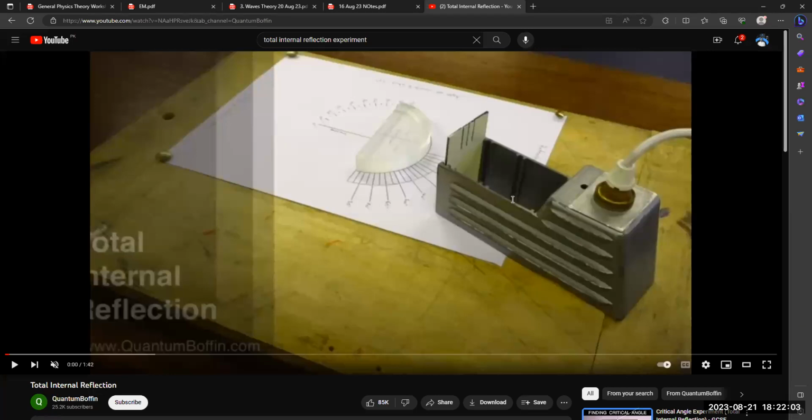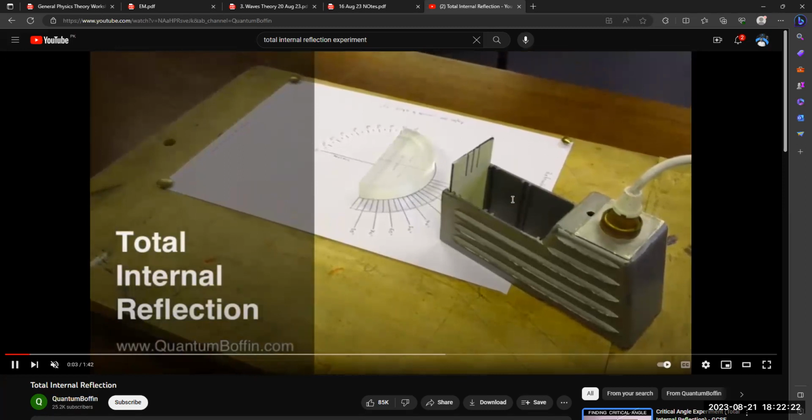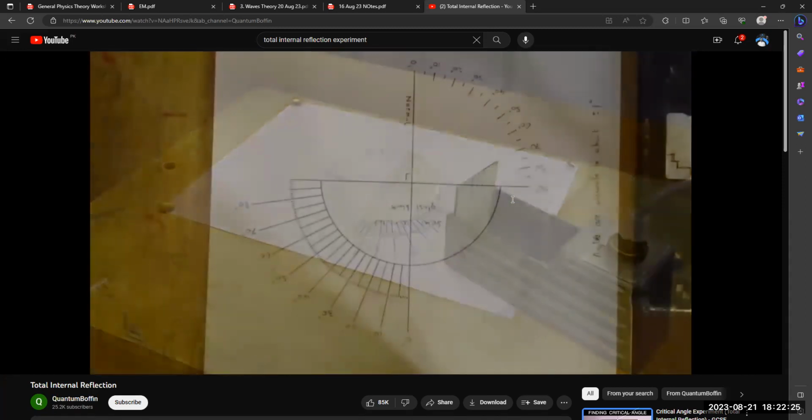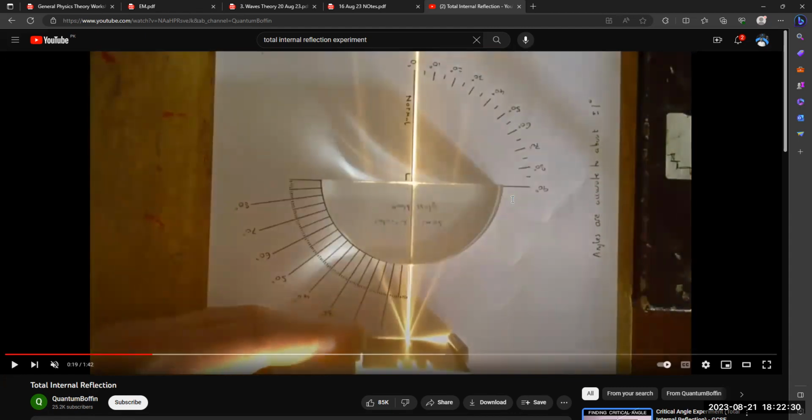Okay, so this is the real demonstration of total internal reflection, how light will completely reflect internally. So if we start the experiment, you can see that we are taking a glass material for this, and we have a specific intensity of light. You can see that at normal, light will move straight without any deviation, without any refraction. So that is the normal condition.